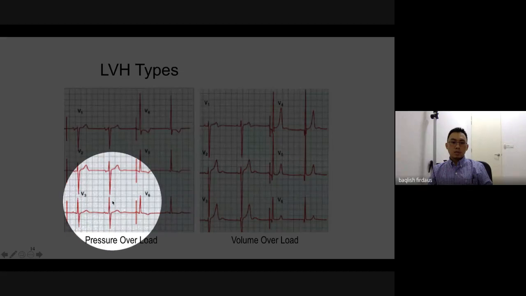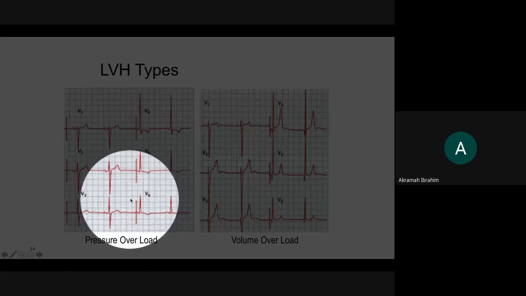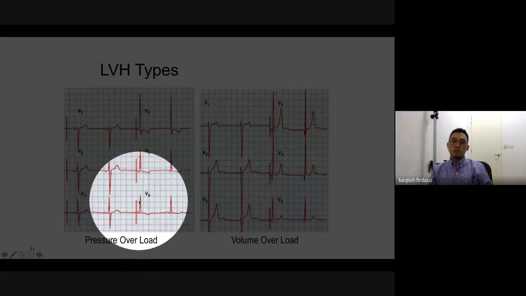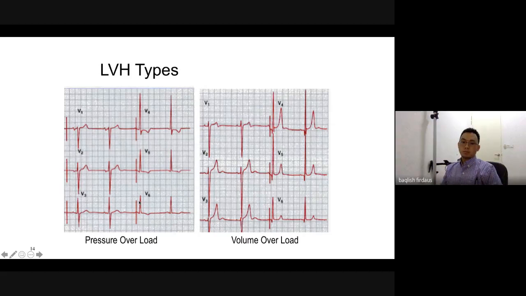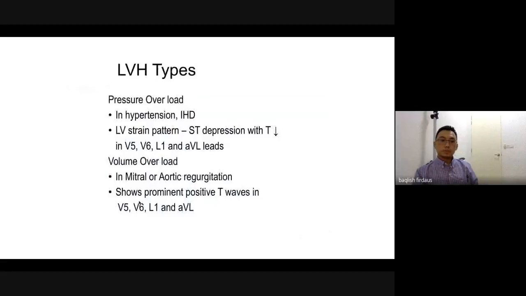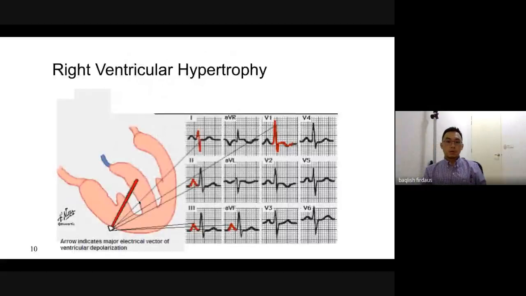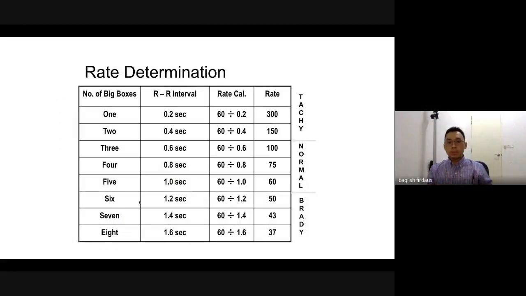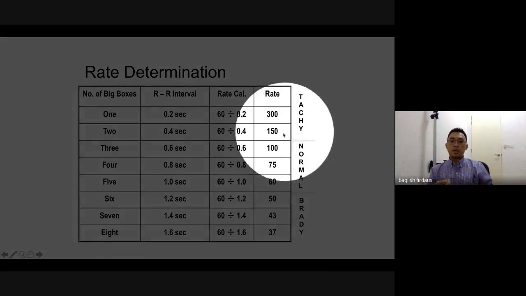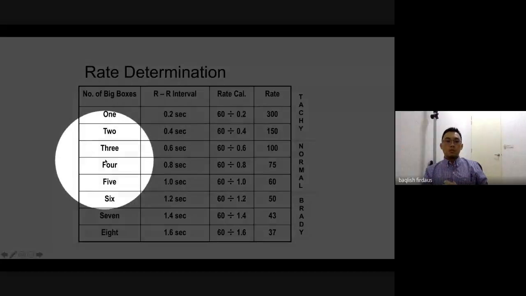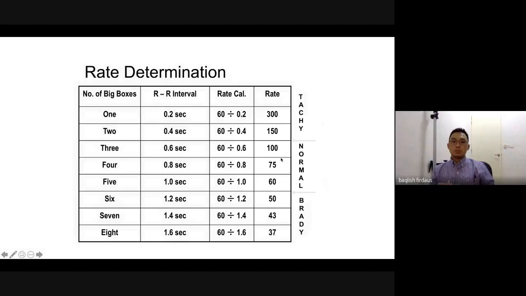Like here, there is 1, 2, 3, 4, 5, and about 6. So 300 divided by 6 is about 50. If you want to remember, just remember like this. If one box, the heart rate is 300. If two boxes, the heart rate is 150. If three boxes, the heart rate is 100.